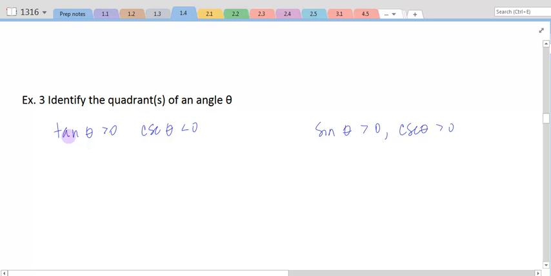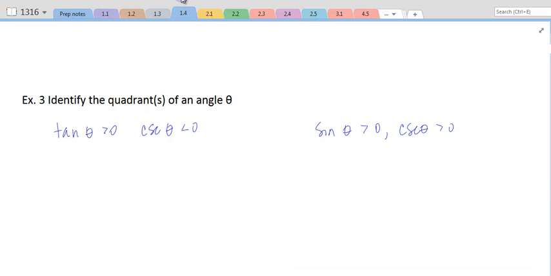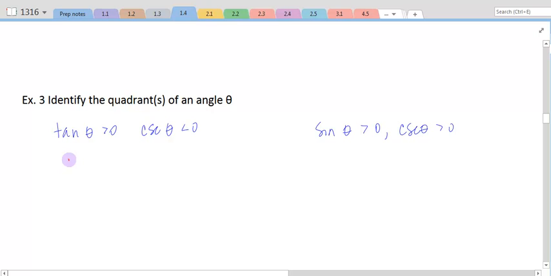If the tangent of theta is greater than 0, then it is positive. Where is tangent positive? Tangent is positive in the first quadrant, because all trig functions are positive in the first quadrant, and tangent is positive in the third quadrant. So that's one of my restrictions.